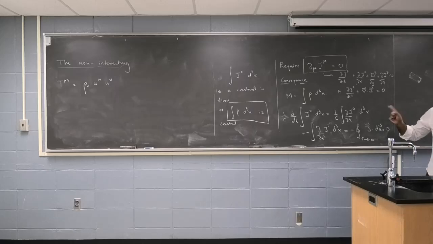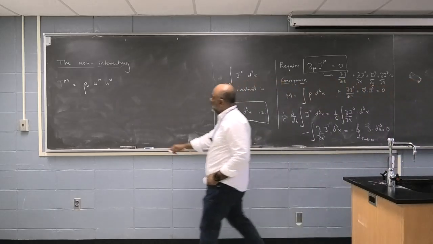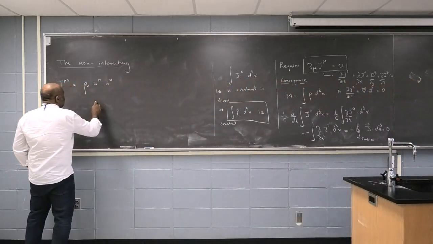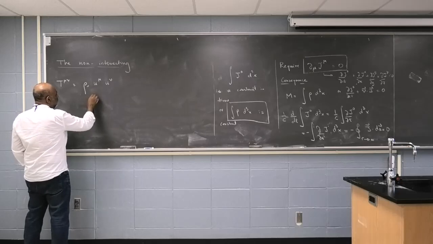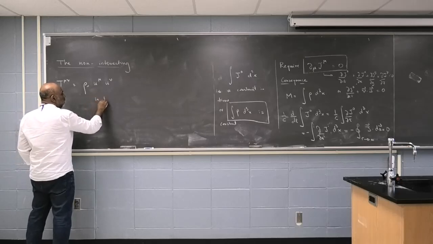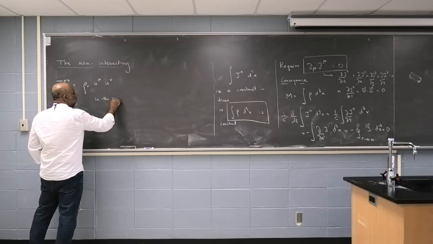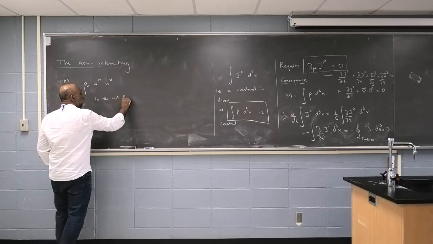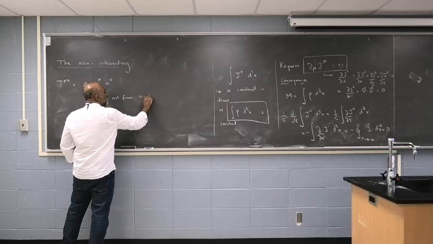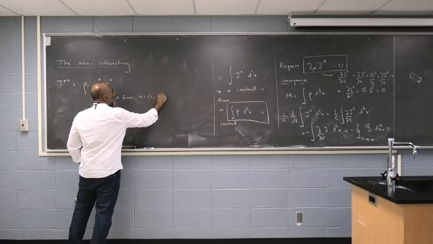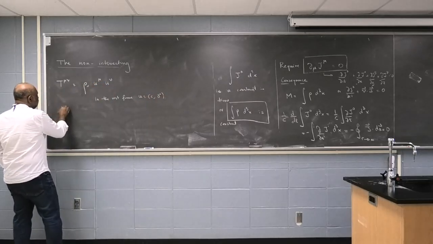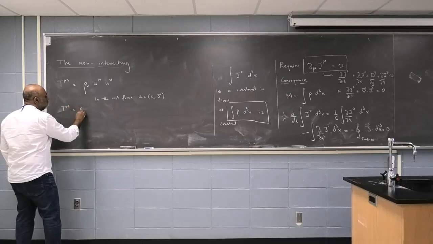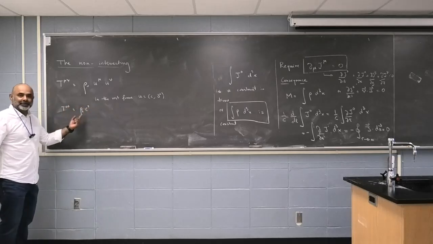In the rest frame, U equals (c, 0). So then T00 equals rho 0 c squared, m c squared.